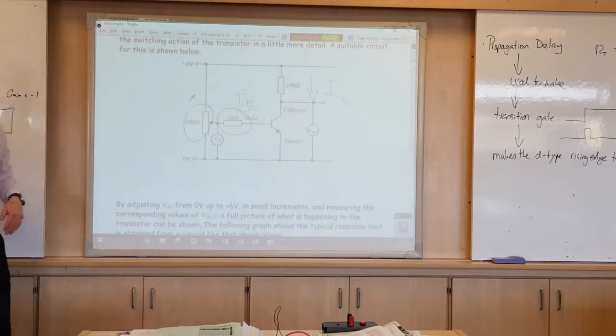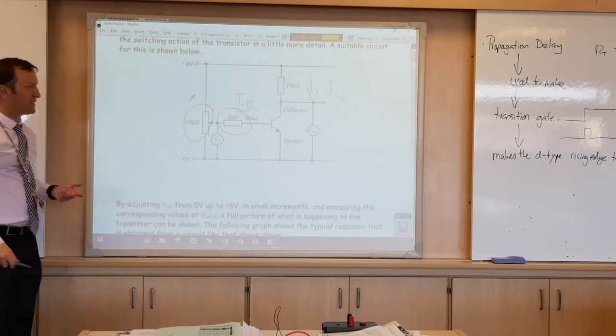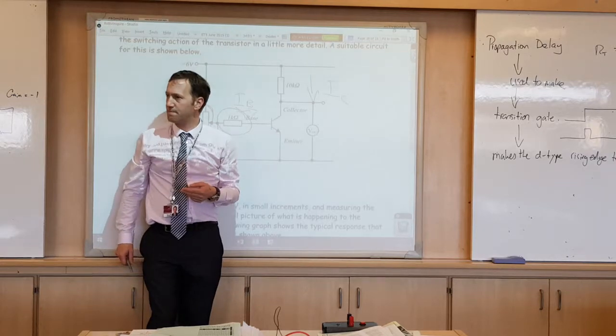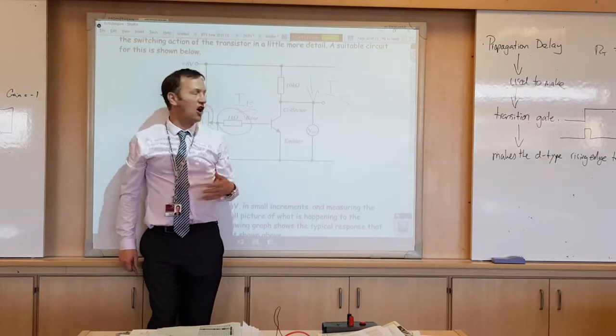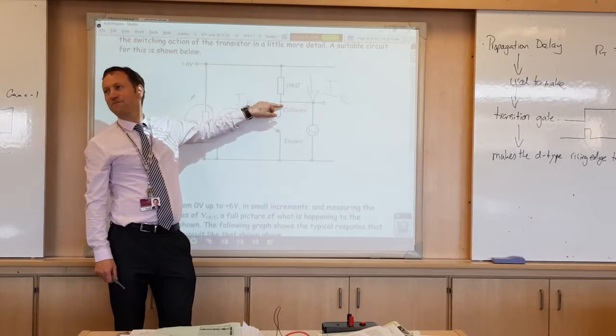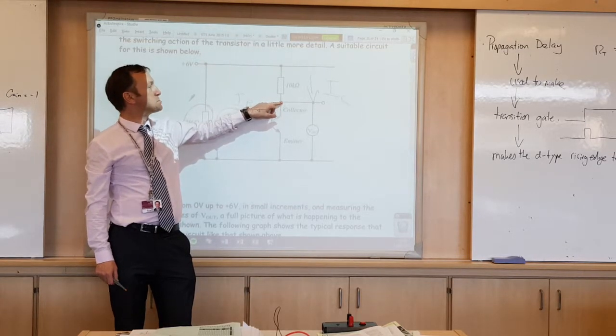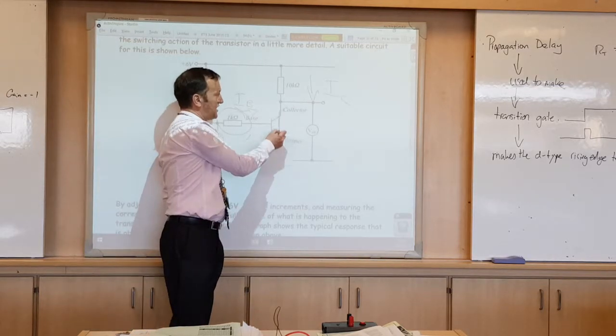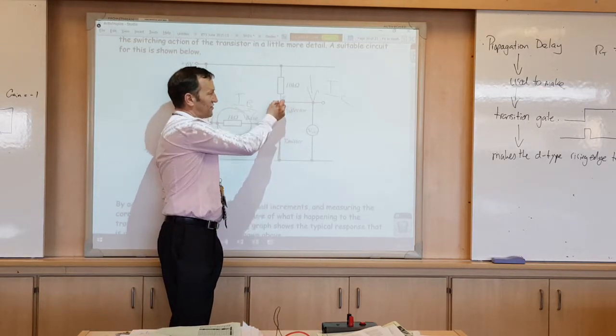Now if you think about it, when we went back to thyristors, when the thyristor was on fully, what was the voltage across it? Can you remember? When it was on, what would the voltage here be? Is it half? Nope. So when the transistor is fully on, that's just like a wire. Its resistance is low.